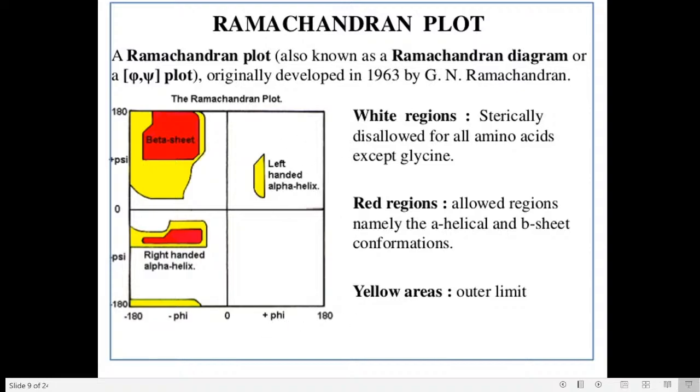That's all about the Ramachandran plot, which is very important. They provided a paragraph-like question, but that is very easy when you understand the concept of the Ramachandran plot.